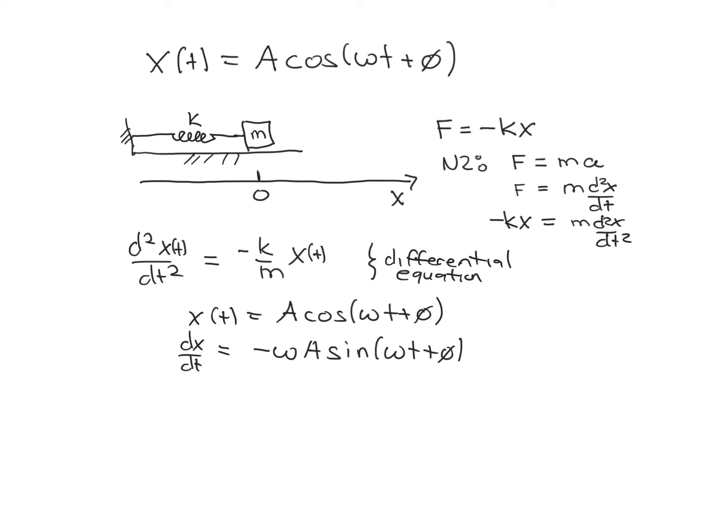And if that's dx dt, then to find the second derivative, d2x dt squared, I just have to differentiate the first derivative one more time. Now I'm taking the derivative of a sine, and the derivative of sine is plus cosine. And again, I'm going to pull out a factor of omega due to the chain rule. So what I get is the second derivative is minus omega squared a times cosine omega t plus phi.